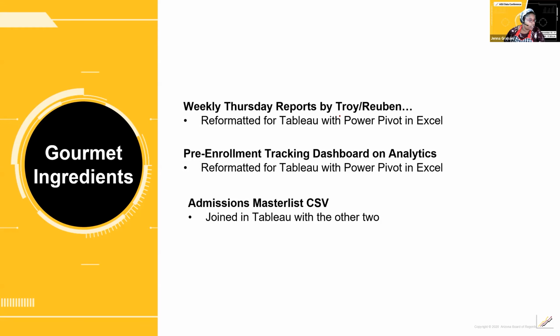Our pre-enrollment tracking dashboard, we're also utilizing that and just filtered it for West Campus and then downloaded it into Excel, manipulating and shaping that and washing and cleaning the data in Power Pivot and getting it ready for Tableau. And then we also are utilizing that admissions master list CSV, especially for the maps and for other demographic information. And they are all just joined in Tableau and cooked and simmered until ready.